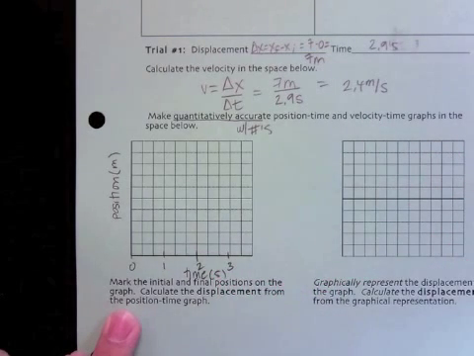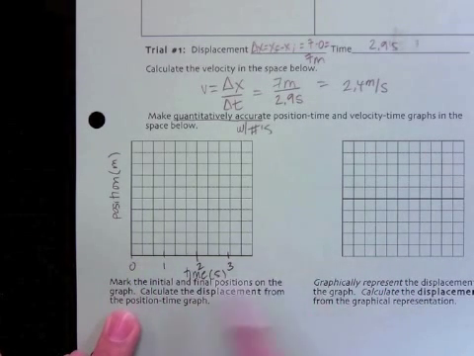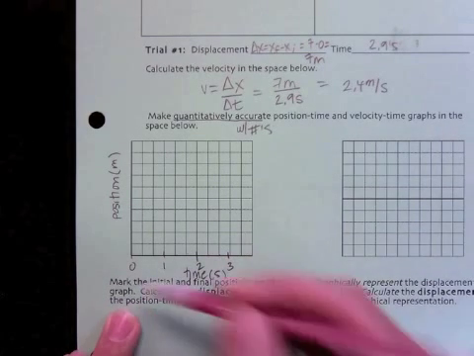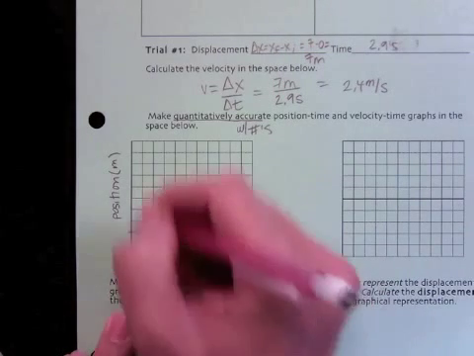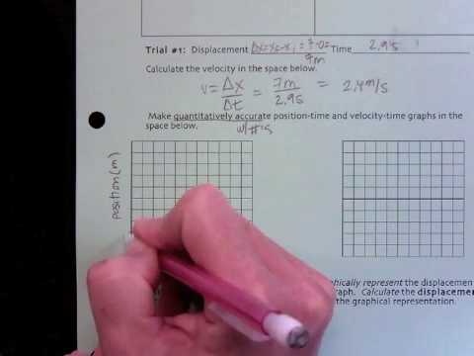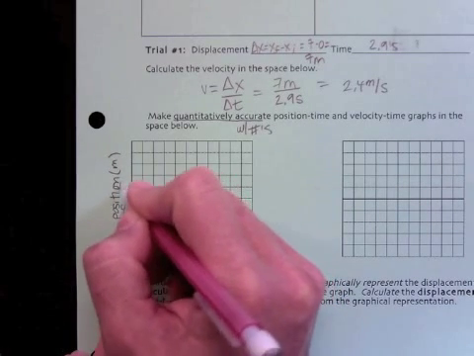Does that work out? That does work out fine. You can go by 4's if you want. You can scale yours any way you want. Just try to use as much of the graph as possible. In terms of positions, it's best probably to go, each box is 1 meter.